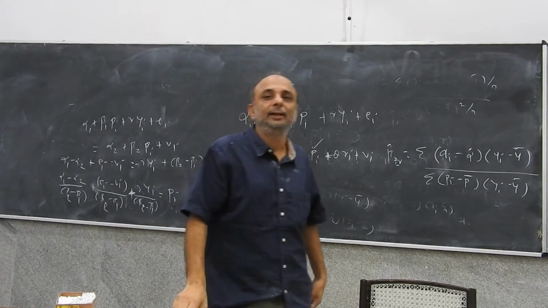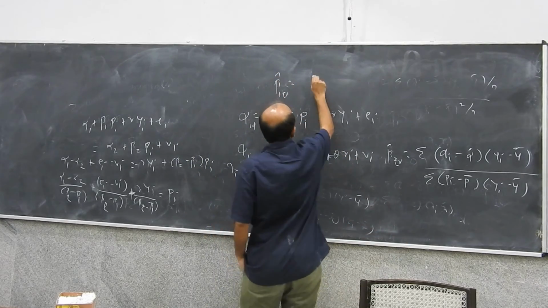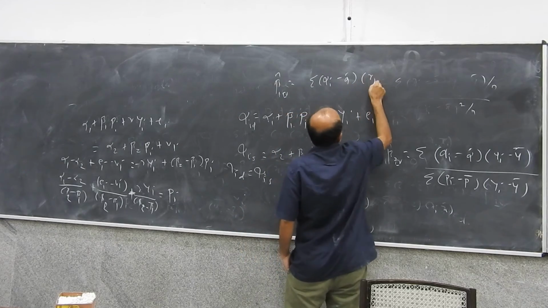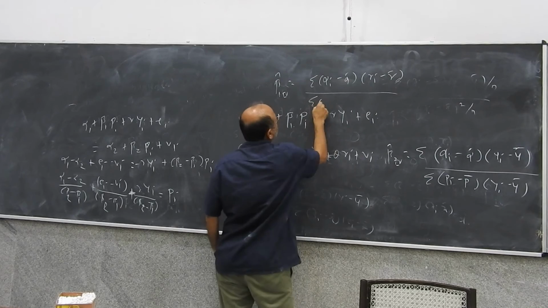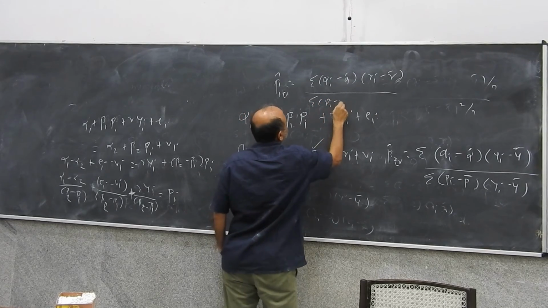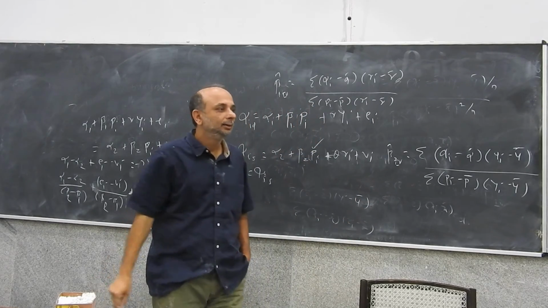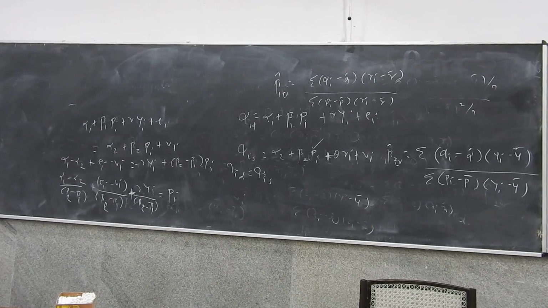How will I get beta 1 hat IV? Summation Qi minus Q bar, Ri minus R bar upon, you got the beta hat 2 estimations. It's so simple. Now you guys can construct your own estimates.